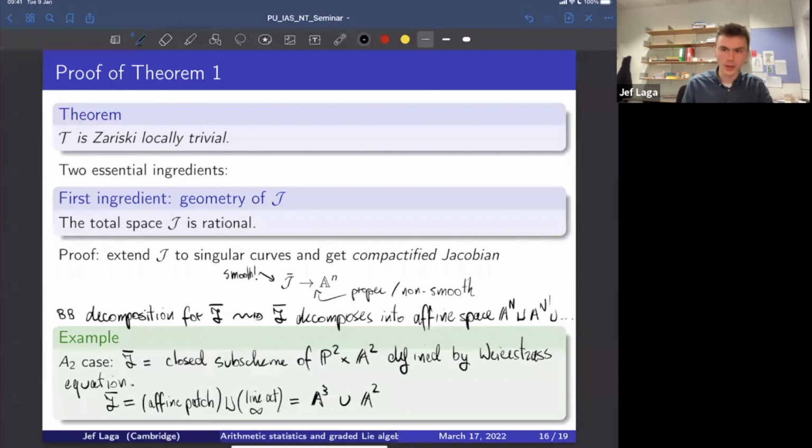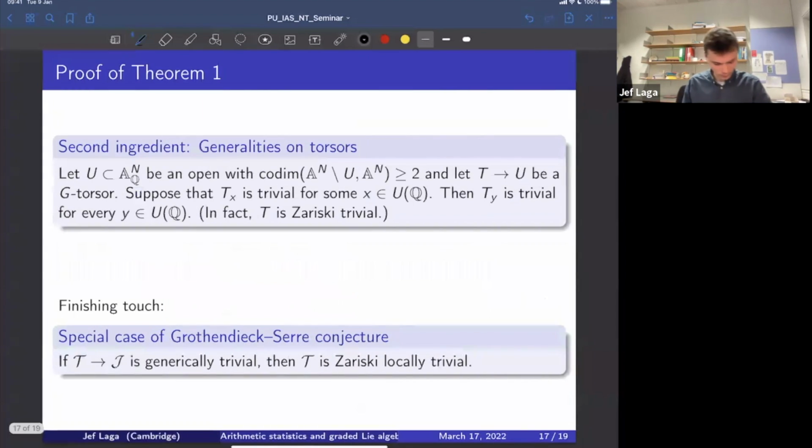So let's see what the second ingredient is. Now that we know that the geometry of the space is easy, we can try to look for general results on torsors on spaces with simple geometry. And here's one that we will use. What's the setup? I have an open subset U of affine space, and it's large in the sense that the codimension of the complement is at least 2.